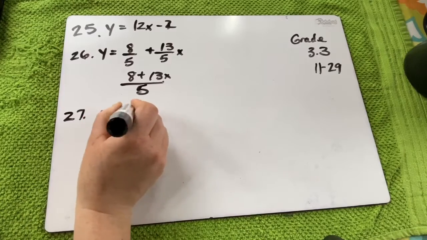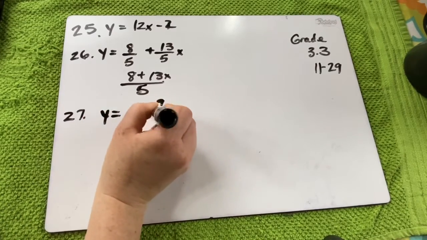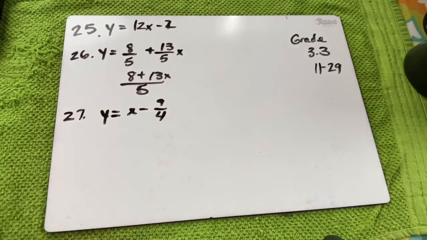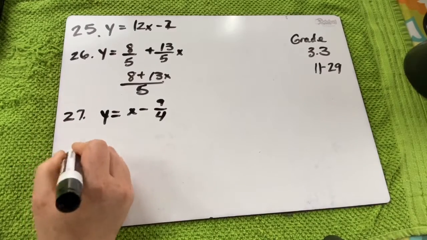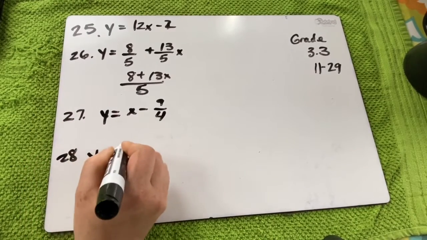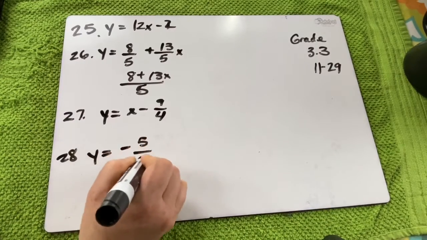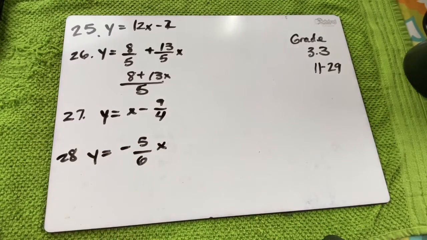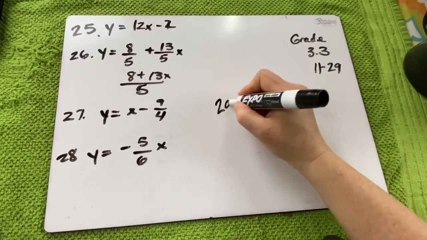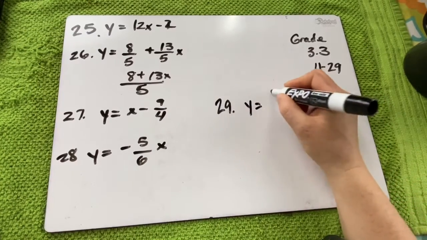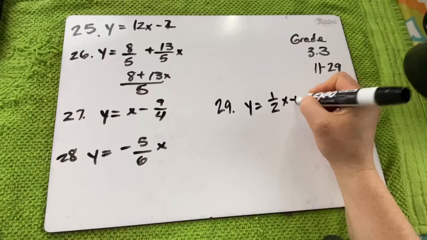Y equals X minus 9 divided by 4. Okay, 28. Y equals negative 5 over 6X. And then 29. Y equals 1/2 X plus 1.